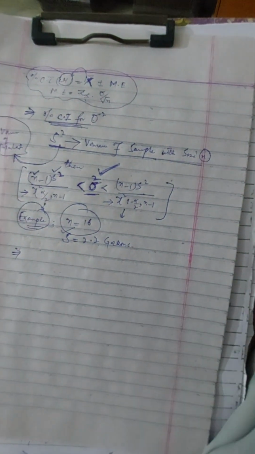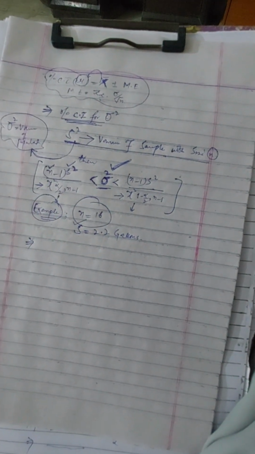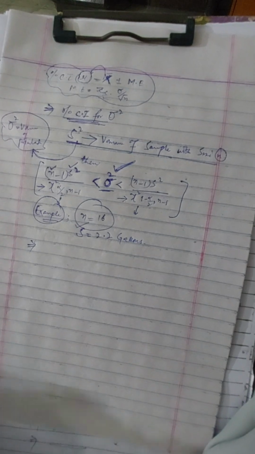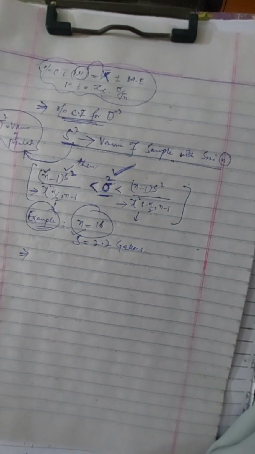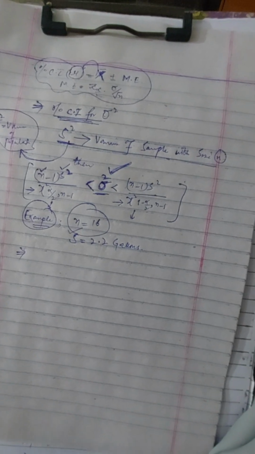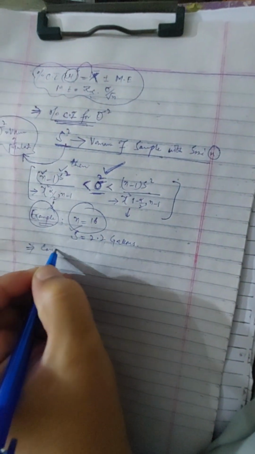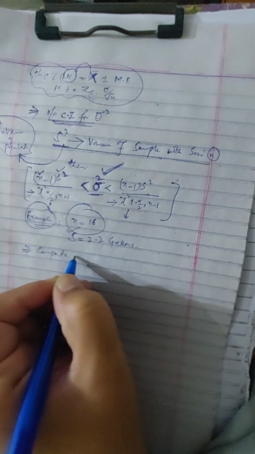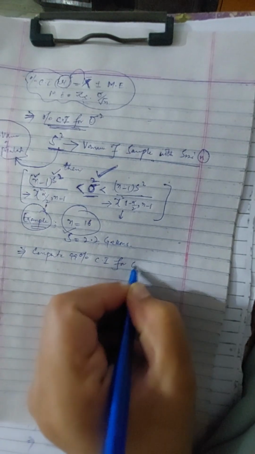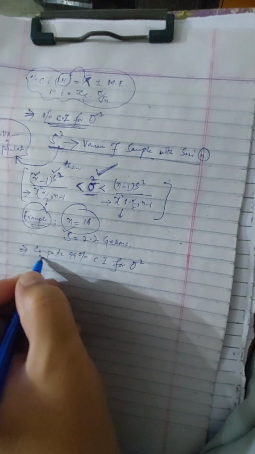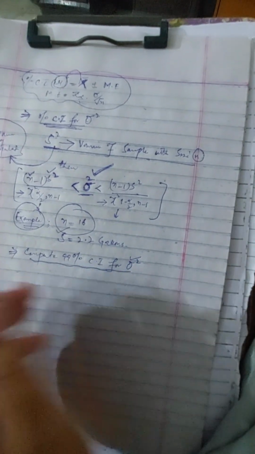Then we can construct the confidence interval. It says to compute or construct the 99% confidence interval for the population variance, sigma square.